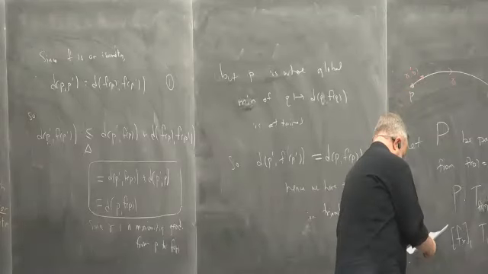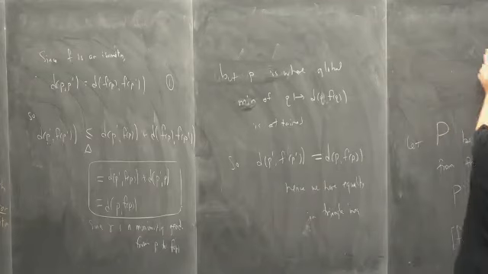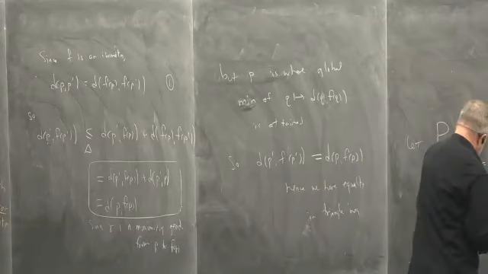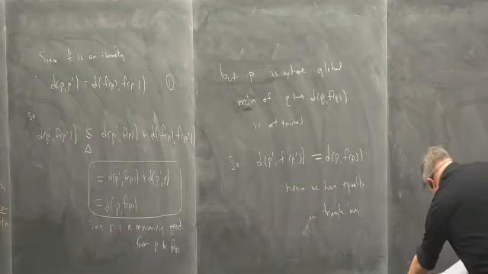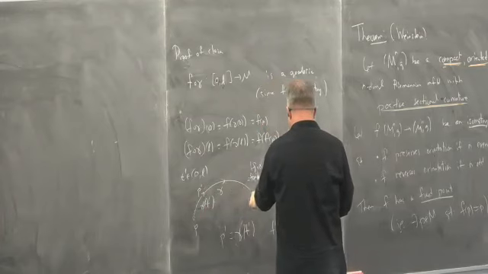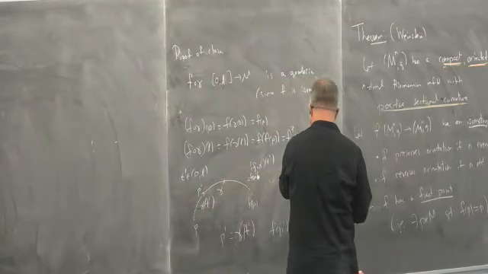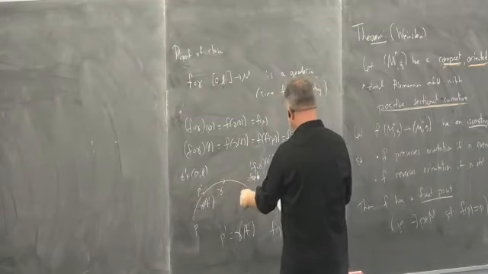Okay, so therefore, I don't need this picture anymore. So what does that mean? If we look at the combination of this curve from P to f of P, followed by this curve from f of P to f squared of P, it's a geodesic, because each of them is geodesic, and it's length minimizing.